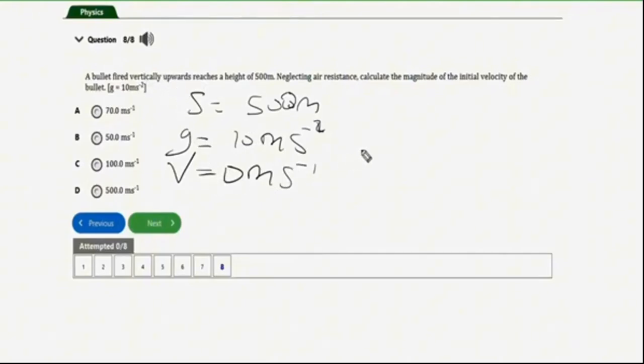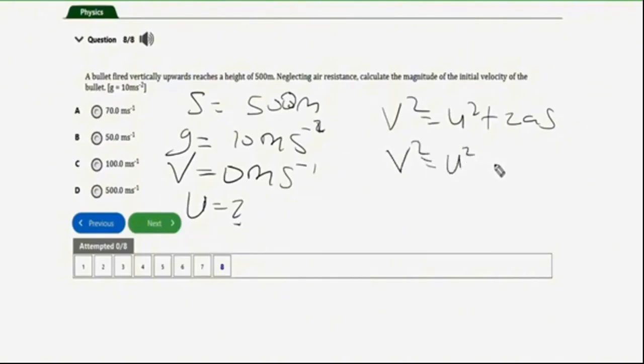We are asked to calculate the initial velocity. U is unknown, so we are going to apply this equation of motion to solve: v squared equals u squared plus 2as.